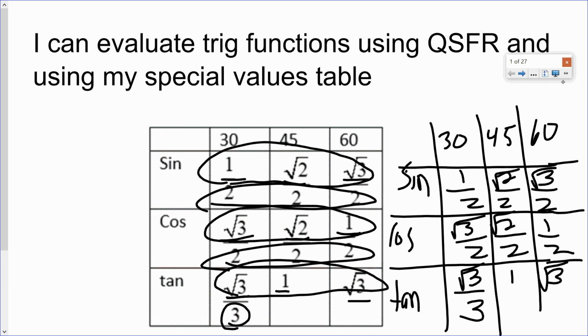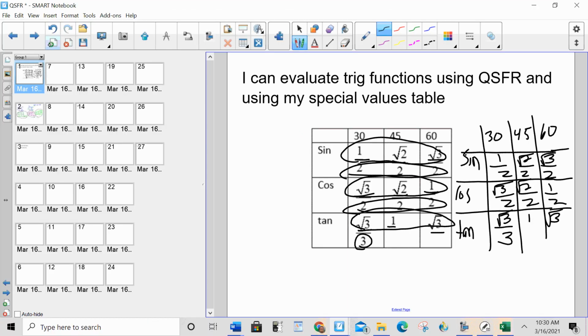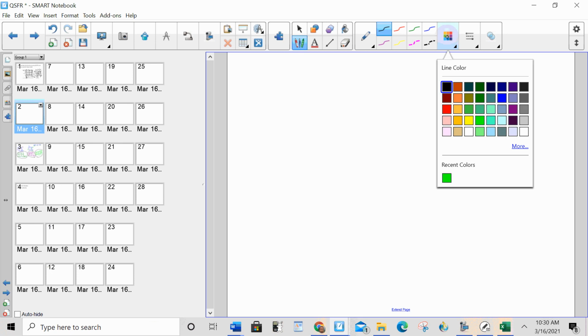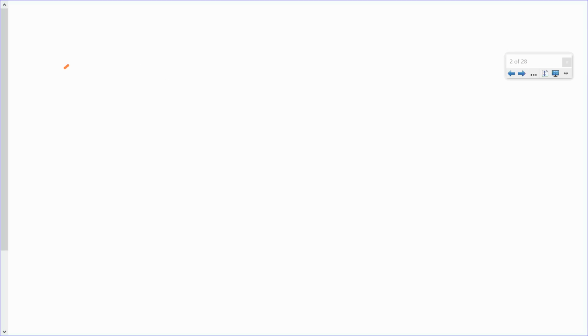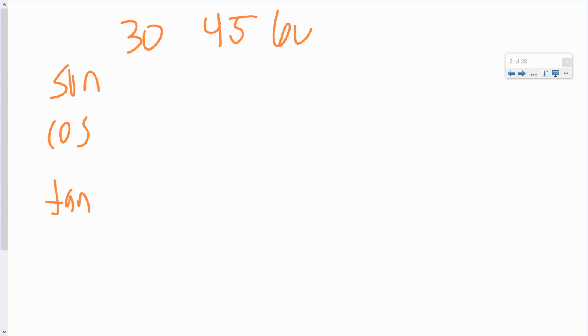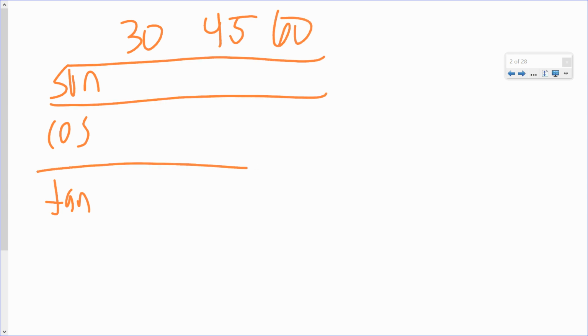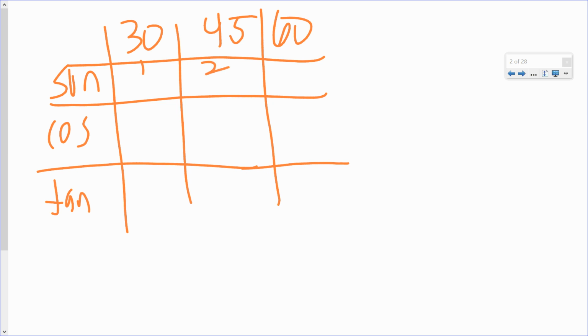I'm going to do that one more time. Let's go orange. Sine, cosine, tan, 30, 45, 60. 1, 2, 3, 3, 2, 1, 3, 1, 3.